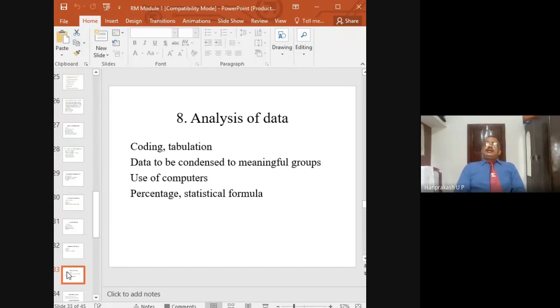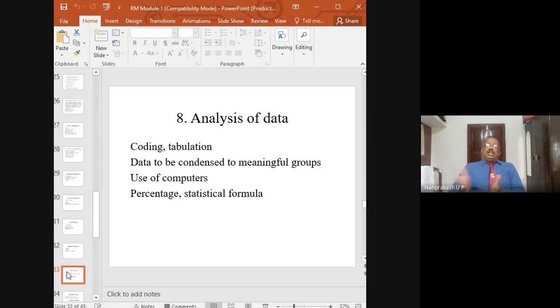So after tabulation, you should be able to get a table. In this particular response, I should be able to get out of 1,000 how many were males, how many were females. So that you will get after tabulation. Tabulation is nothing but calculation. So data is to be condensed into a meaningful form. When you want to analyze, you need the data in a condensed form.